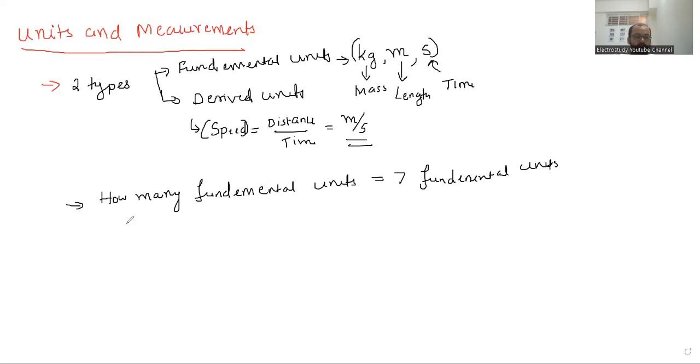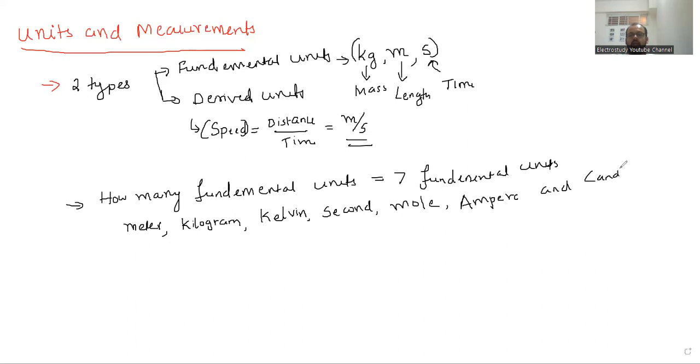Meter, kilogram, Kelvin, second, mole, ampere, and candela.